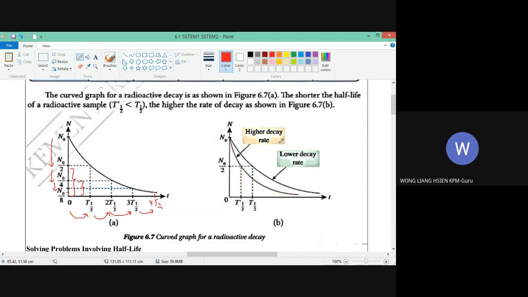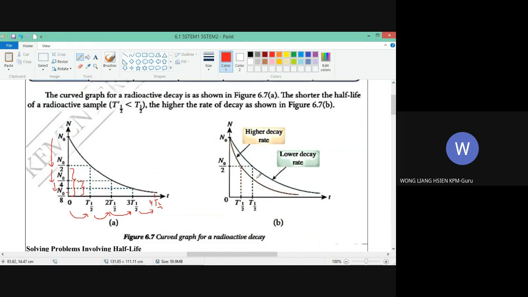If you have a higher decay rate, then the curve is steeper, because the number of radioactive nuclei will decrease very quickly. So the curve will be steeper. If a lower decay rate, that means it will take a longer time to decrease by half. So by comparing the graphs, you can see which one has a higher decay rate and which one has a lower decay rate.